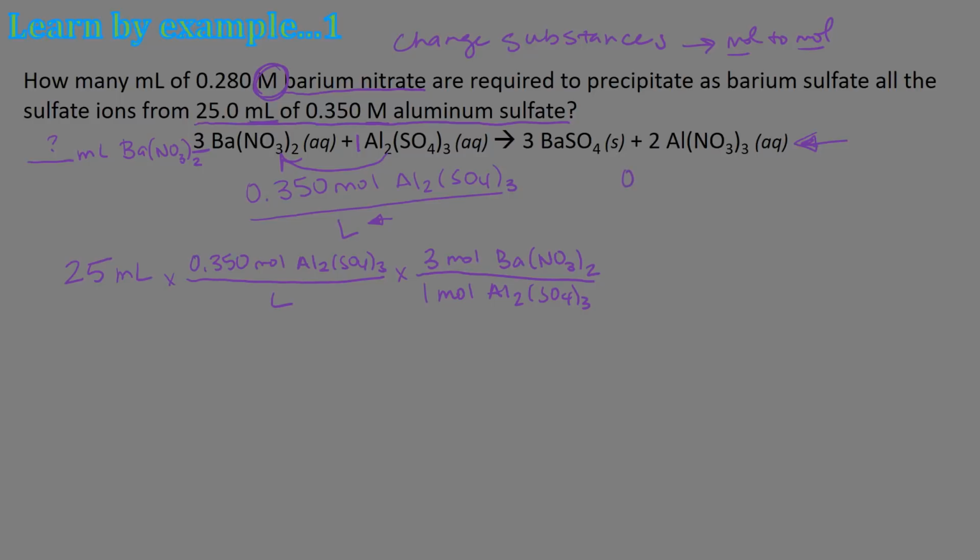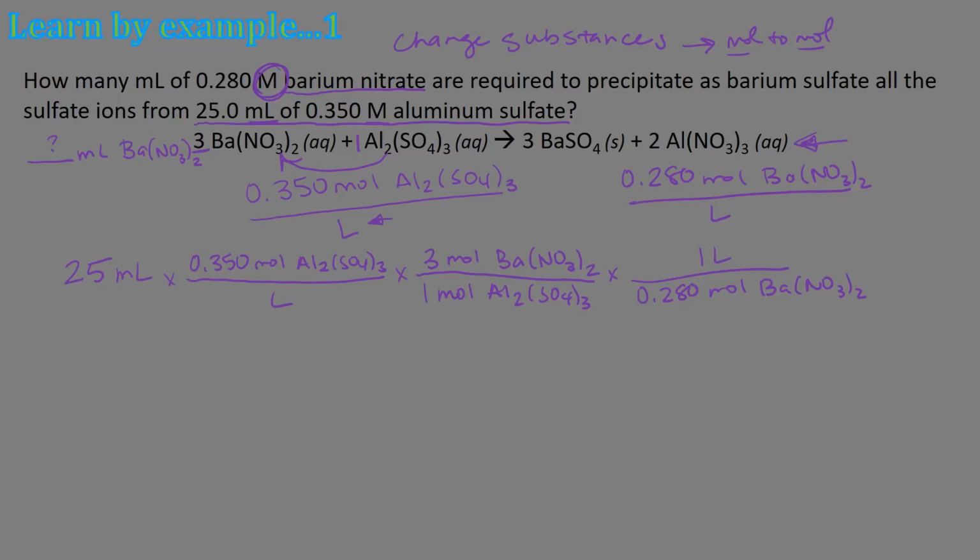So it says that I have 0.280 moles of barium nitrate for every single liter of solution. So I'm just going to flip that over and say 0.280 moles of barium nitrate per every liter of the barium nitrate solution.